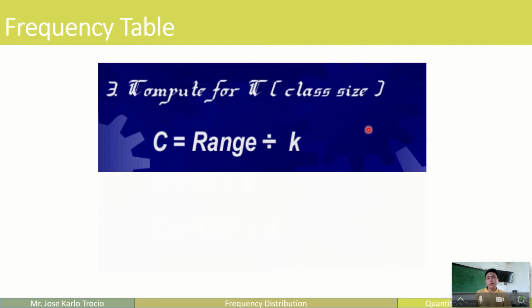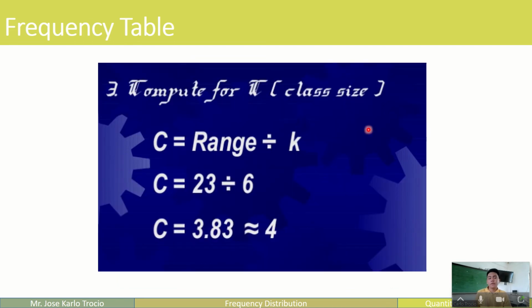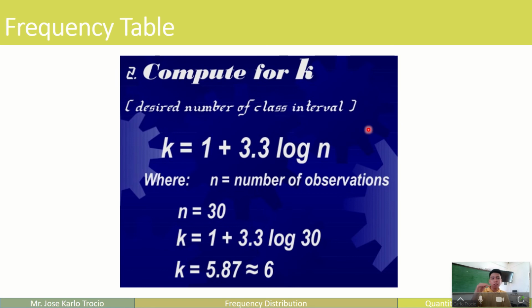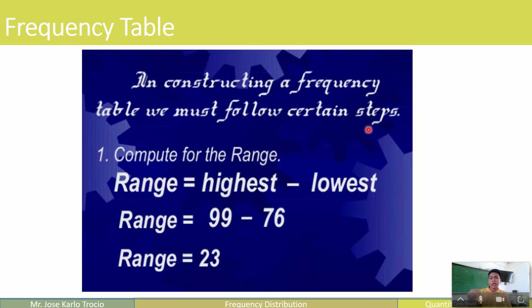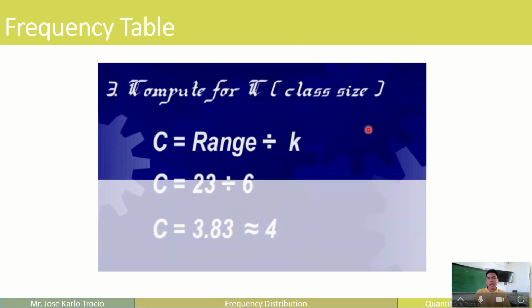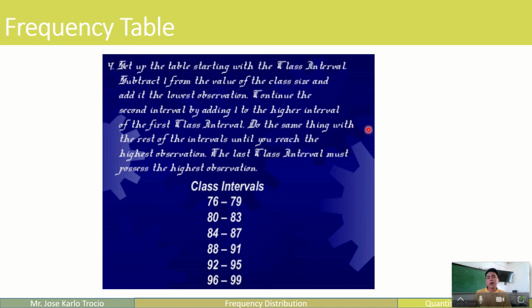Then you will have a class size of 4. So we now have three values: class size, which is 4, the number of class intervals, which is 6, and the range, which is 23. And we are now ready to create our frequency table.